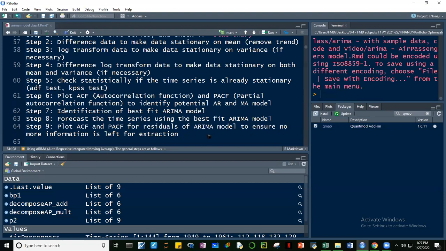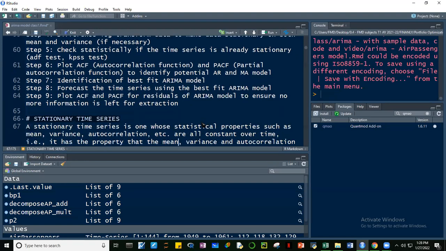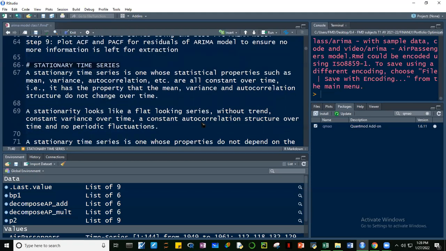And then, iti-test natin yung model natin. Titingnan natin yung residuals natin. No? Yung residuals, ipa-plot din natin yung ACF and PACF to make sure guys na yung residuals natin, dapat white noise na yan. Dapat random na lang yan. Dapat walang pattern yan. Okay? So that in a nutshell are the steps that we need in order to model yung ARIMA.